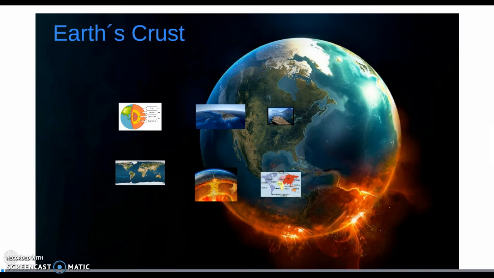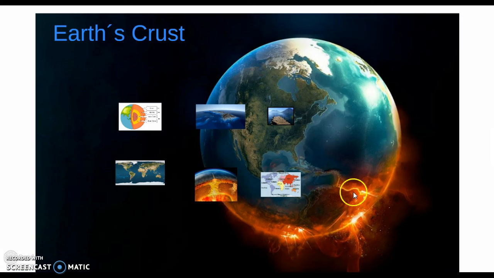And what do we find? The Earth's crust, point 1, the Earth's crust. First of all, we have to inquire, we have to wonder, we have to ask the question: what is the Earth's crust? Well, the Earth's crust is the shallowest layer in the Earth.